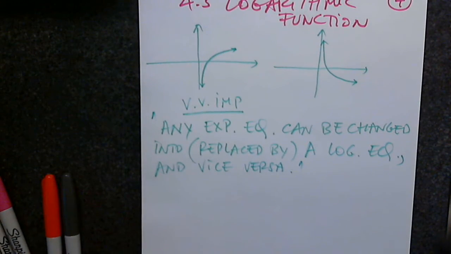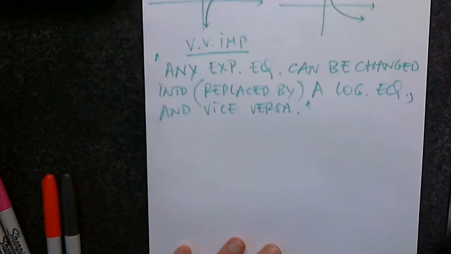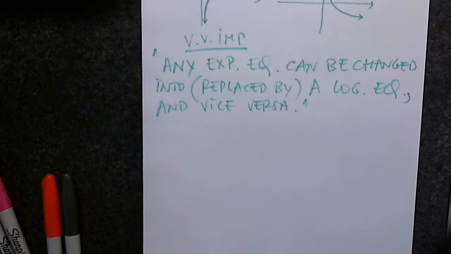This is the most important concept in this chapter. Why? For several reasons. One is it shows you the mechanism that is the inverse mechanism from an exponential. I apply an exponential to 5, and I get a number. Well, I apply that log to this number, and I get 5 back, right?